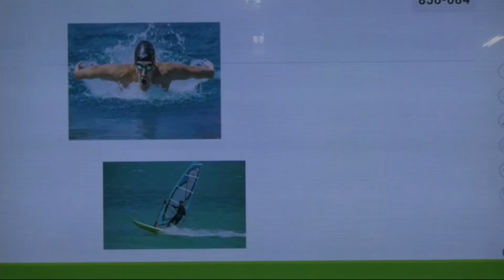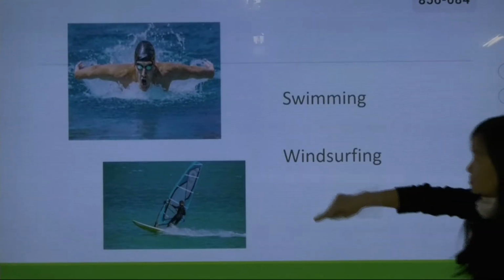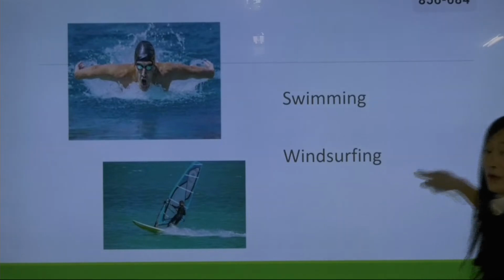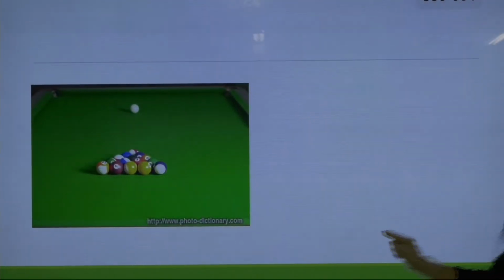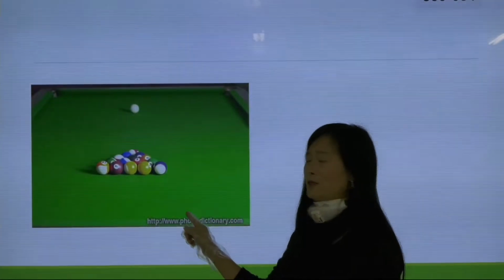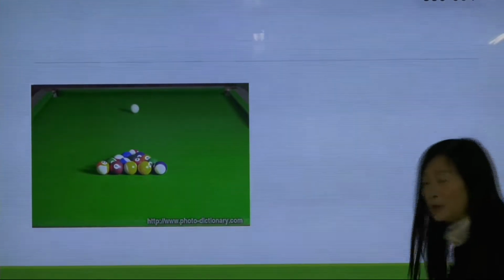And what is this? Now I'm trying to give you some examples only. I will not talk about all the sports. Swimming and windsurfing. And also, this is cycling. And some of you told me that he likes to go and play with this, so I also put this here.